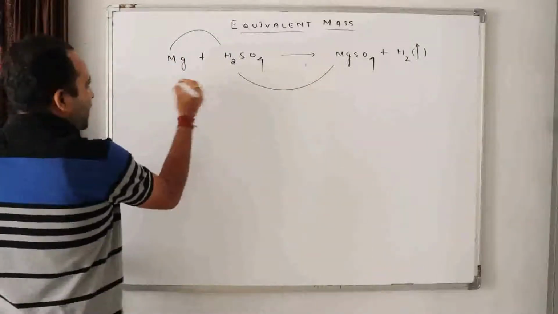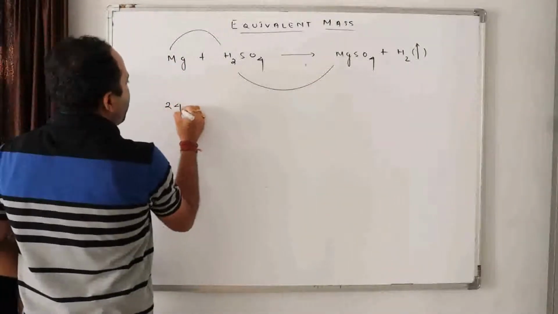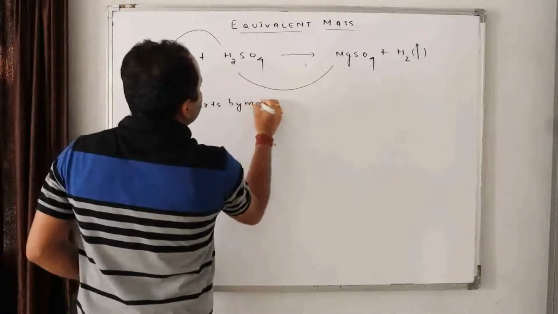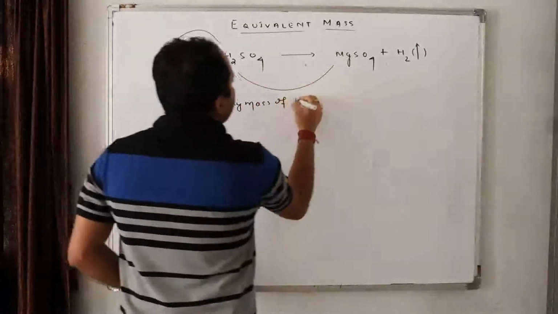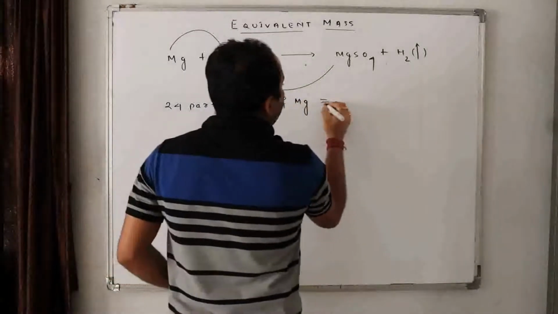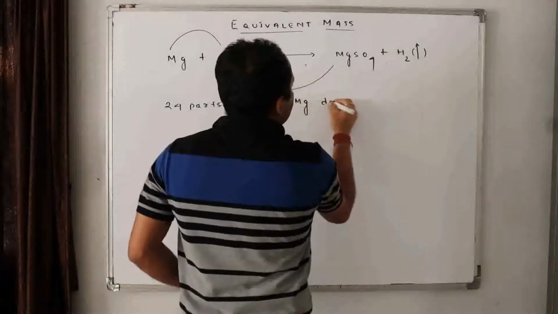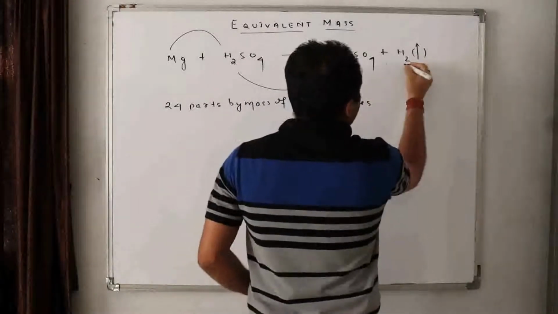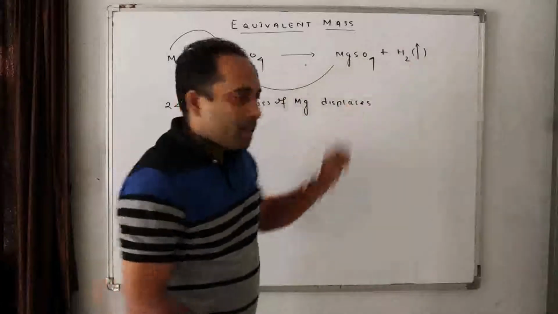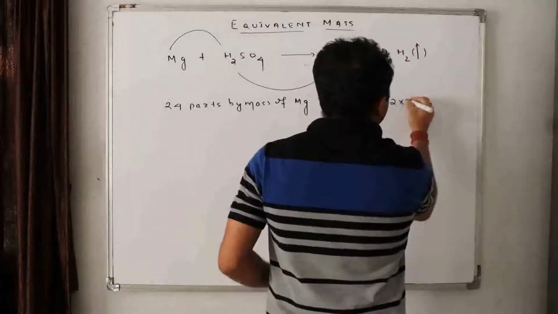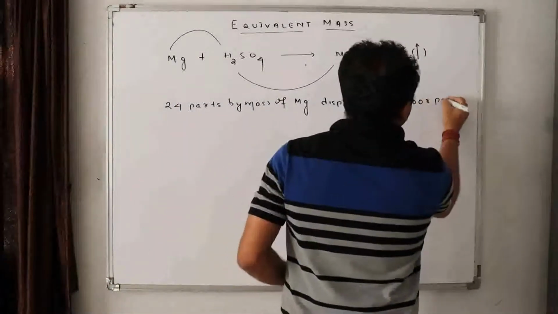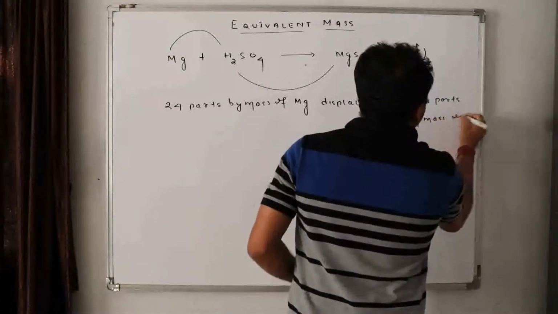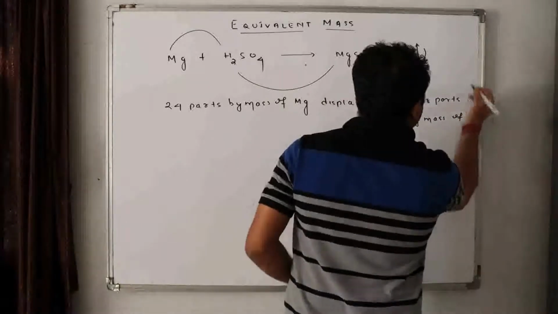Here 24 parts by mass of magnesium displaces 2 into 1.008 parts by mass of hydrogen.